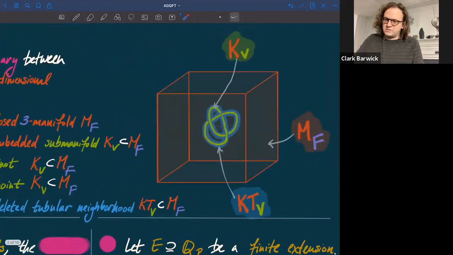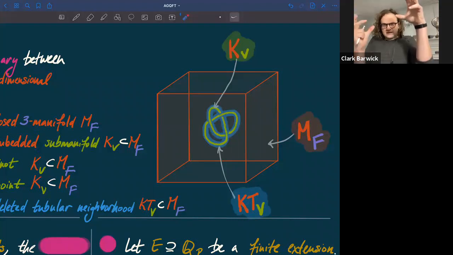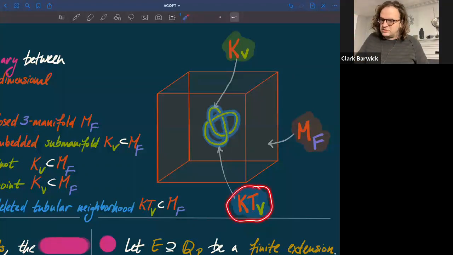You have this nice three-manifold here. And if I take, say, a finite prime of that number field, then that picks out a knot, and then I can thicken up that knot and delete the knot, and I'm left with the deleted tubular neighborhood, which corresponds to the completion of my F at my place V.